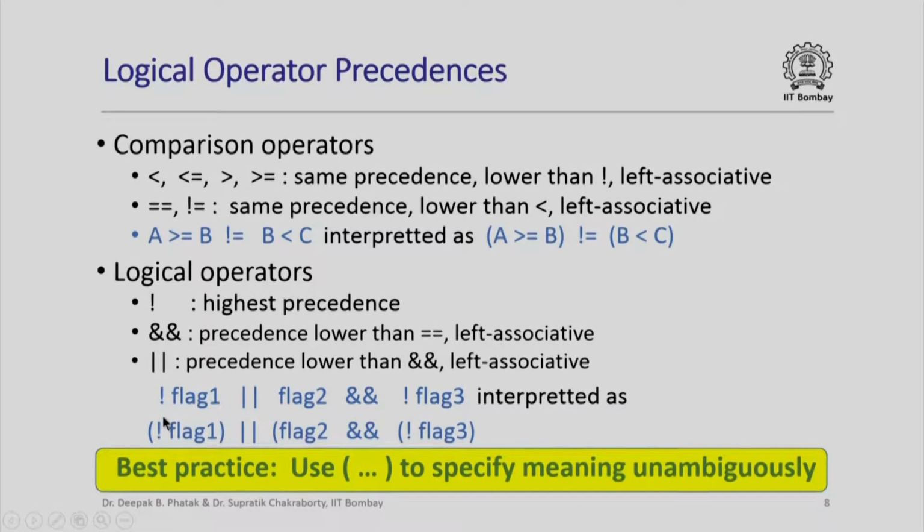So for example, if I write this logical expression, the way to interpret it is, first evaluate the operator with the highest precedence, so it is not flag 1, not flag 3, then evaluate the operator with the next higher precedence, which is the binary logical operator AND, so it is flag 2 and not flag 3, and finally evaluate the operator with the lowest precedence, which is OR. And needless to say, just like for arithmetic expressions, the best practice in order to avoid confusion is to use parentheses to specify meaning unambiguously.